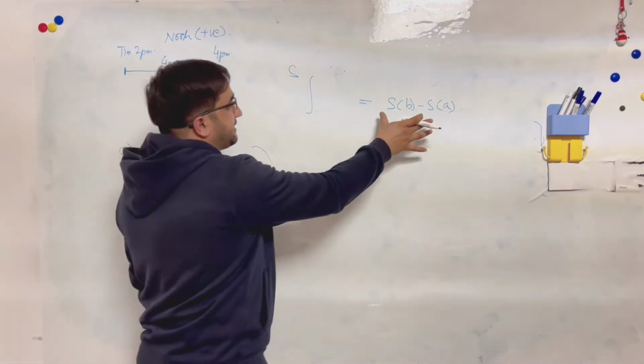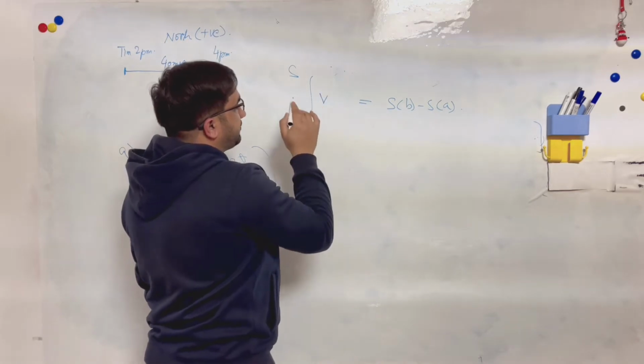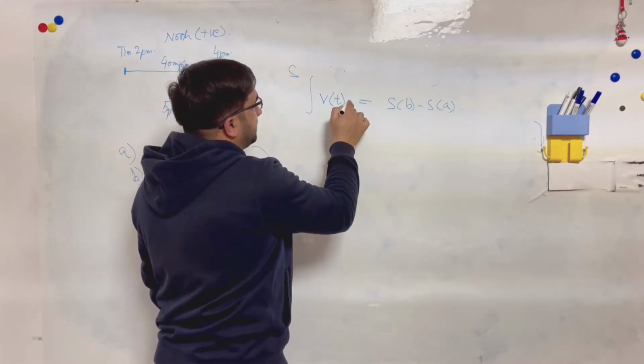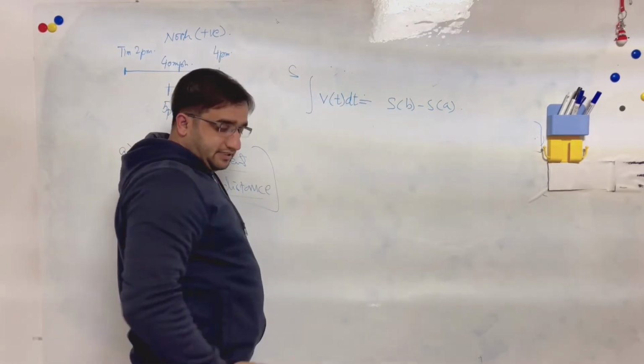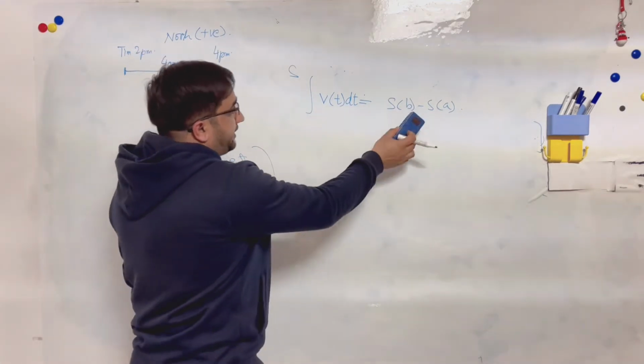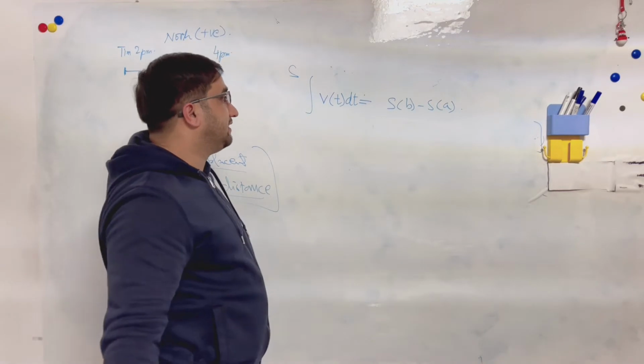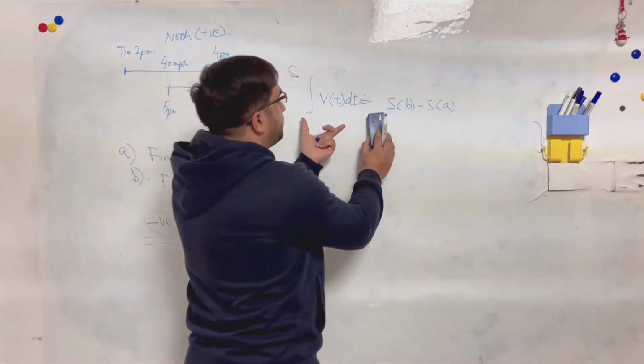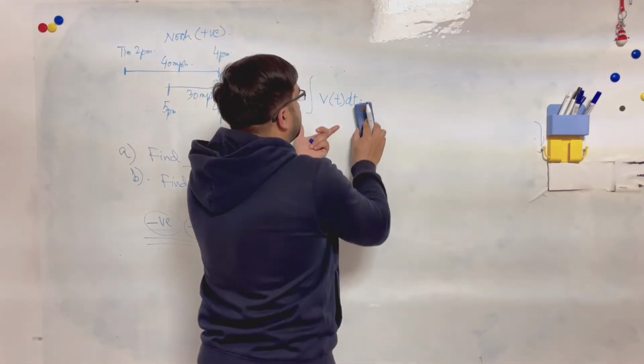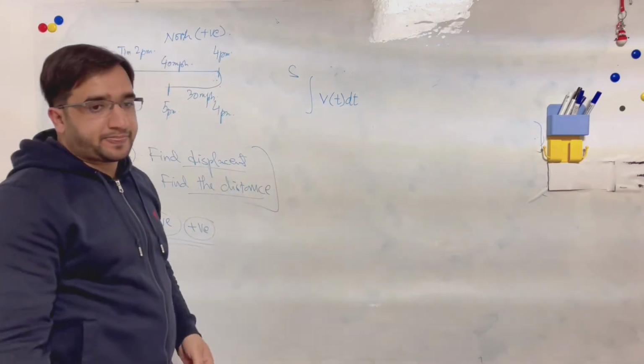If this is the distance, then on the left I am given the velocity v of t dt. So I don't need this thing. This is the solution which I will get ultimately. I need this expression to move on. So what will be this expression?